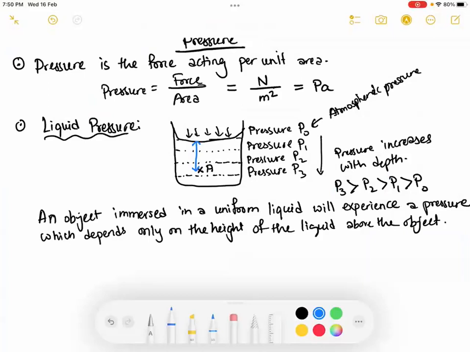Okay. So, if we want to find the pressure that is experienced at point A, how do we find that pressure?